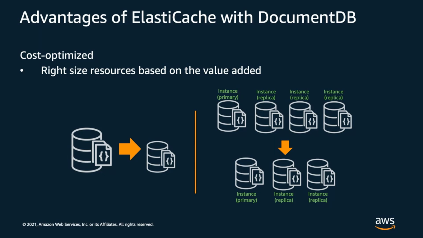And like I mentioned earlier, fewer connections and less resource consumption on your DocumentDB cluster can change your architecture size requirements. You could potentially scale down your instances from maybe an R5 4XL to an R5 2XL. And you might even be able to scale down the number of instances that your DocumentDB cluster is using.